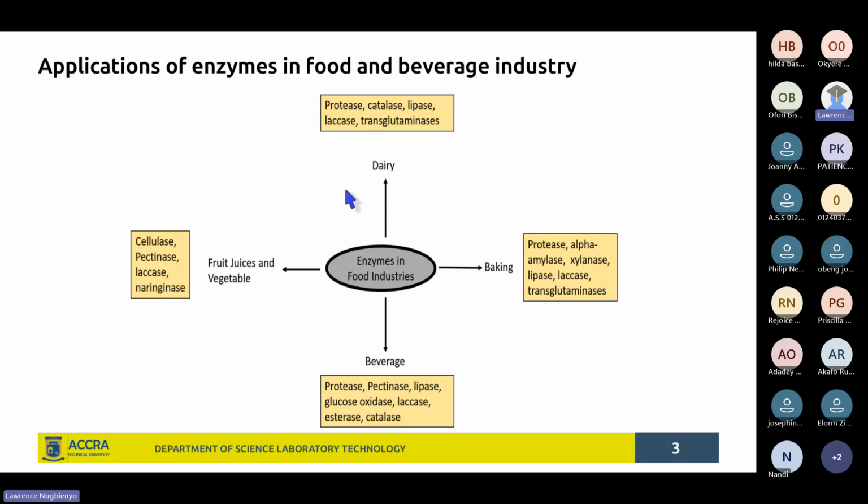Then of course, with some vegetables, like the smoothies of fruits and vegetables, also you find application of enzymes in all these fields. So there are so many kinds of foods. Depending on the jurisdiction in which you are, you meet different kinds of things, and many of these things have applications of enzymes in them.